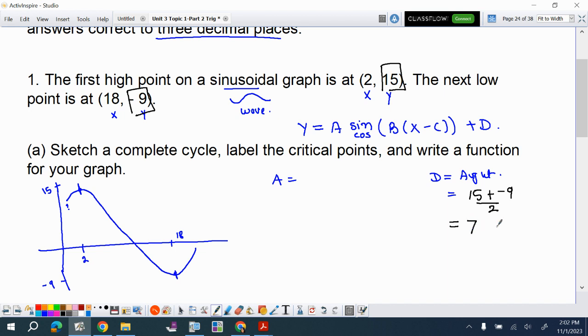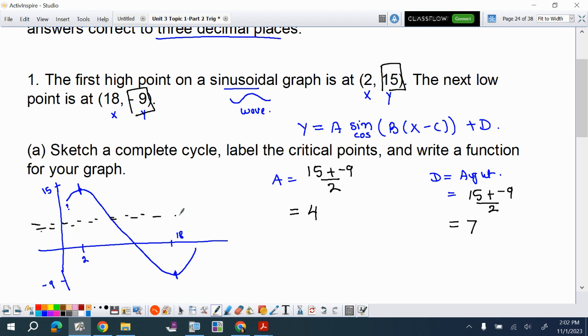So the height is 7. Can we say that? And A is maximum plus minimum divided by 2. So 15 minus 9, 8, 4. So let's check. That's not the 7.